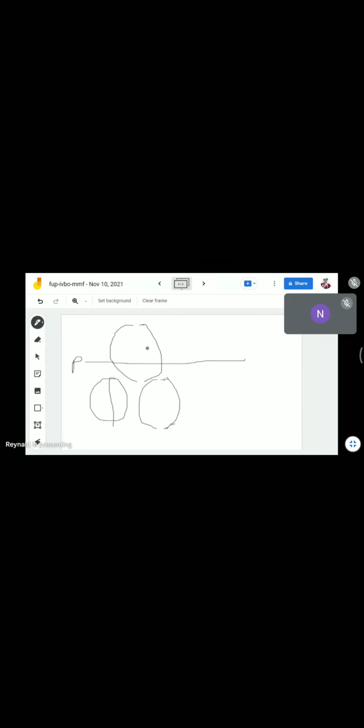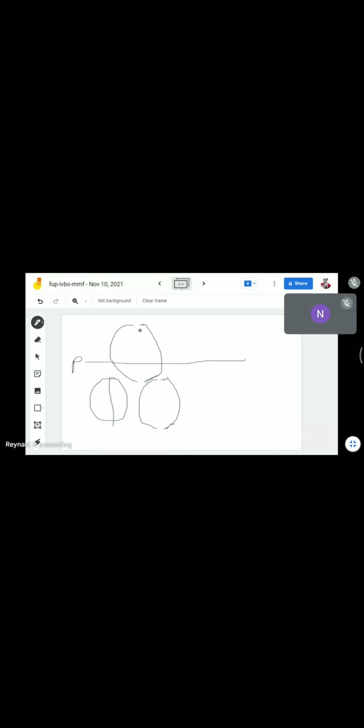Now, paano ko po malalaman kung saan ko ilalagay ang center of curvature? Saan nakalagay ang center of curvature ng concave? Itong mirror na to. Who can answer? Or who wants to try? Po, sa gitna po.